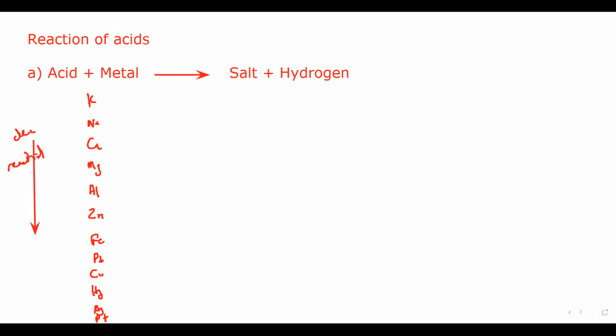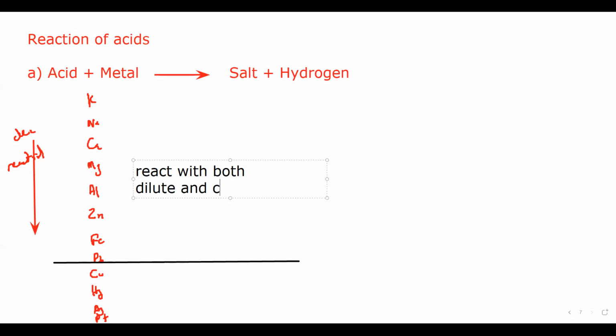So till lead, till this point, they can react with both dilute and concentrated acids. Like if the acid contains more water or less water, because acids are aqueous solutions, so they contain some water as well.